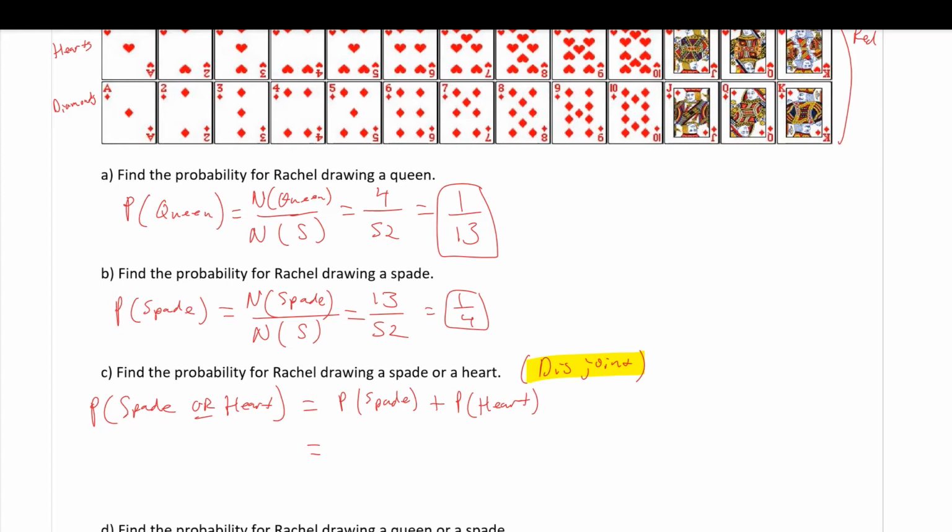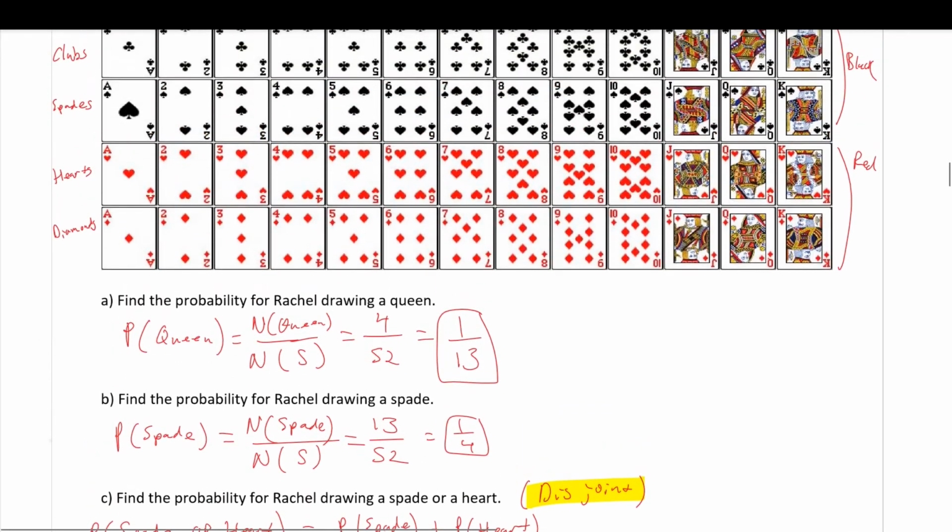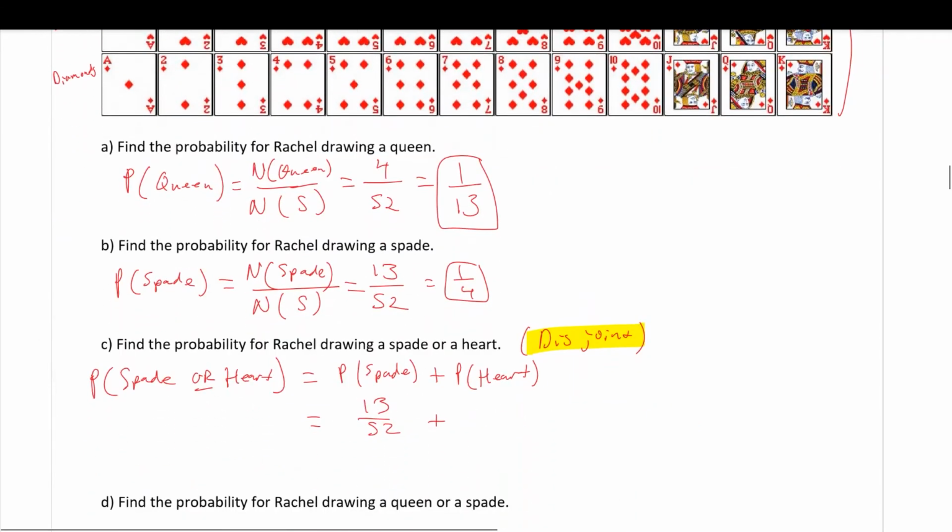Let me actually write it with a denominator of 52, just because we're going to end up having to get a common denominator anyway. So 13 over 52. Hearts, there's the same number of hearts that there are spades, right? So hearts, again, are 13 over 52. And, of course, 13 plus 13 is 26 out of 52. And that's exactly 1/2. So half the cards are either a spade or a heart. So that makes sense, right?